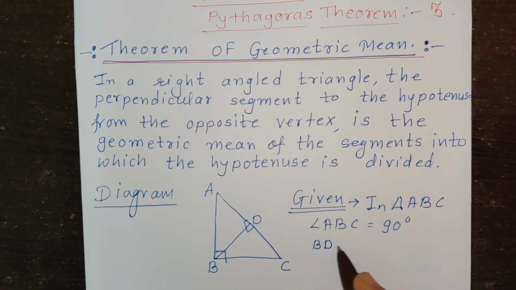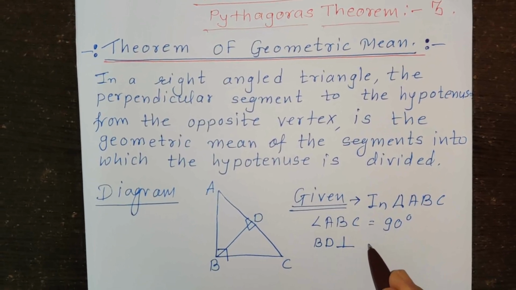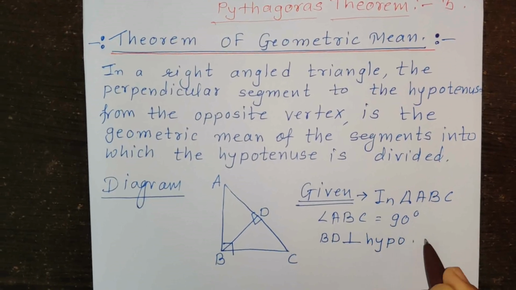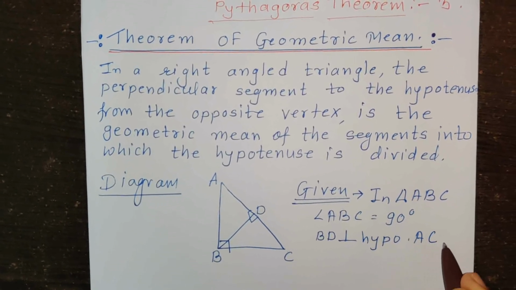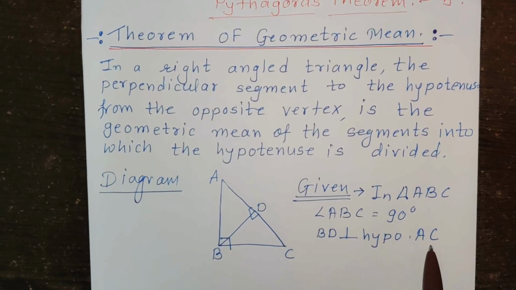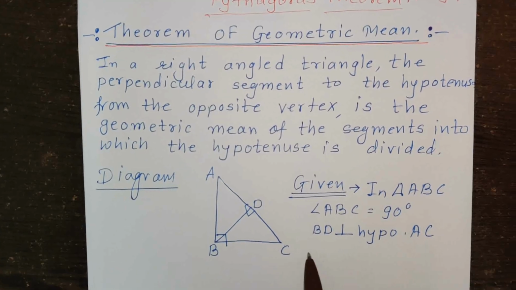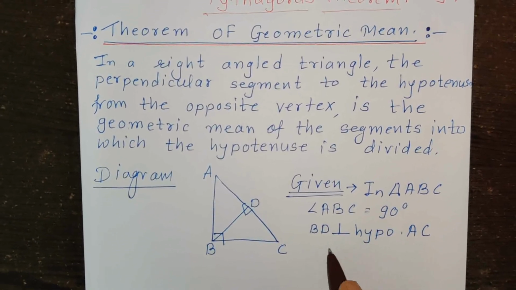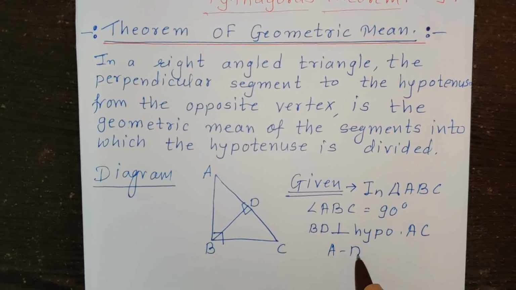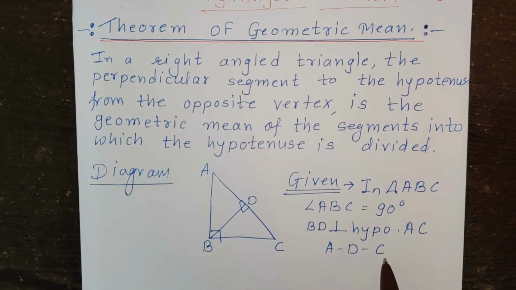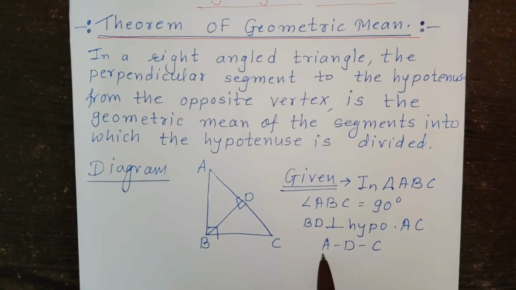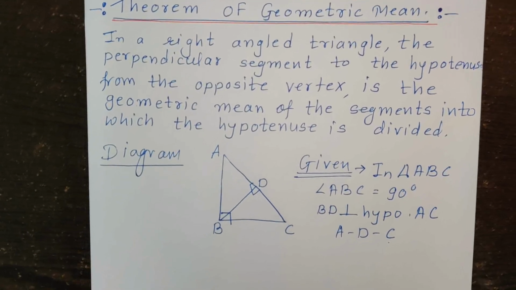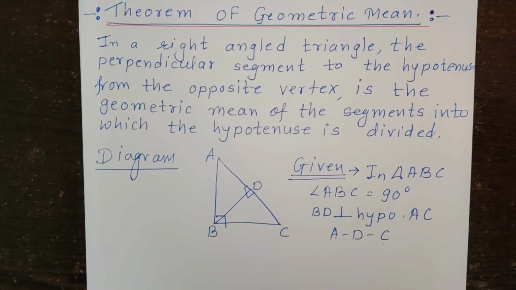Segment BD is perpendicular to the hypotenuse, that is AC. I am writing the short form: BD perpendicular to hypotenuse AC. This is given, and due to this perpendicular to the hypotenuse, the position of the points is A-D-C. These three are collinear points, and D is present in between A and C.